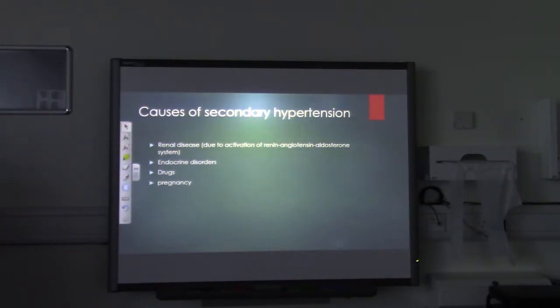So your medical history gathering is important in trying to establish possible causes of hypertension. Also pregnancy: the condition called preeclampsia, whereby we get an increase in blood pressure and see protein in the urine, is a serious condition which needs to be managed, because eclampsia can result in mortality of both baby and mum.